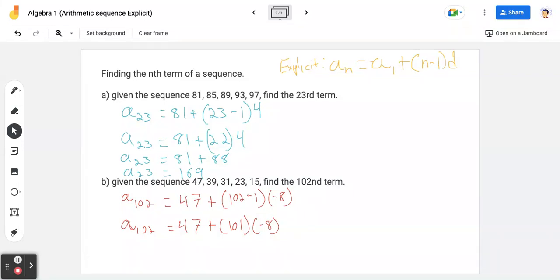All right. So a sub 102 is equal to 47 and then, should be what, 808? Let's find out for sure. Not trusting my mind right now. 101 times 8. Yep, 808. Minus 808.